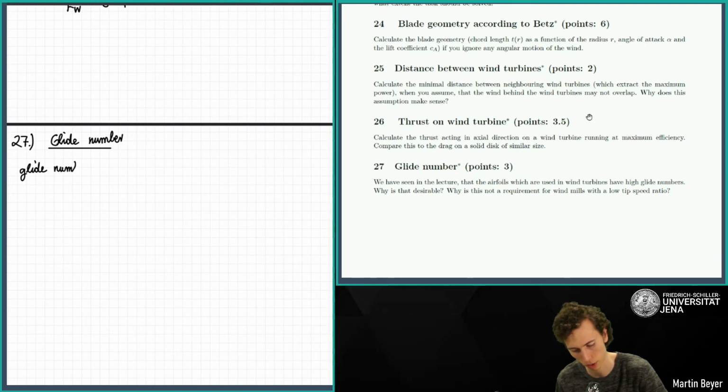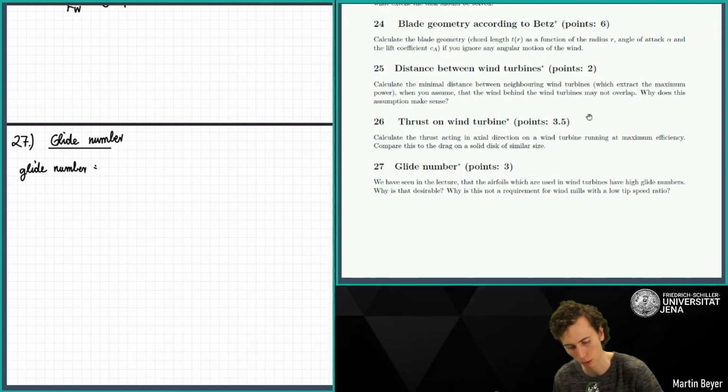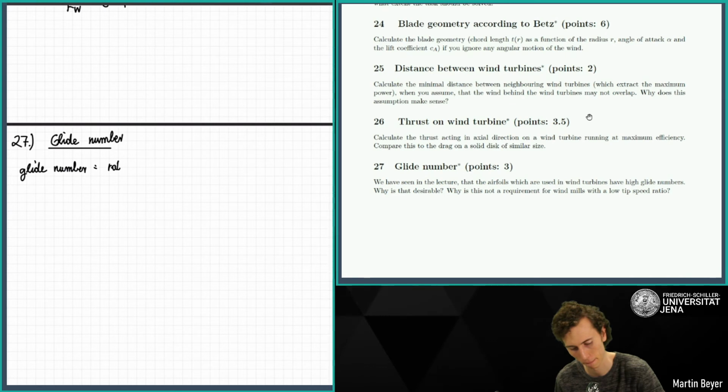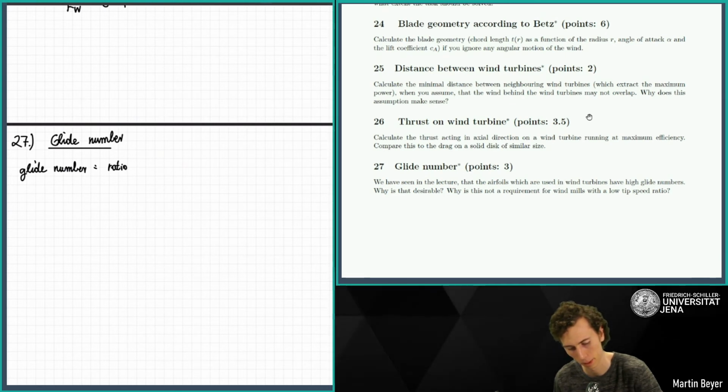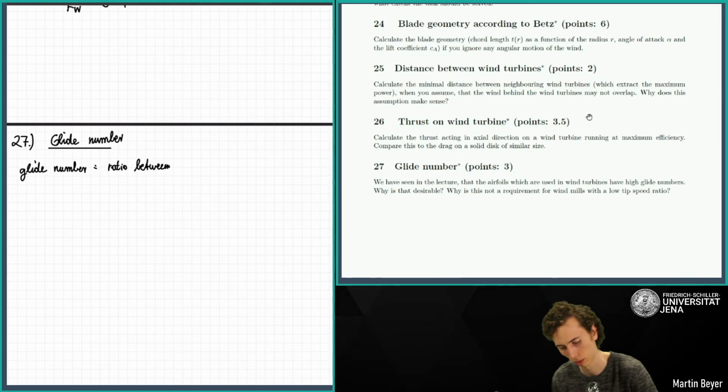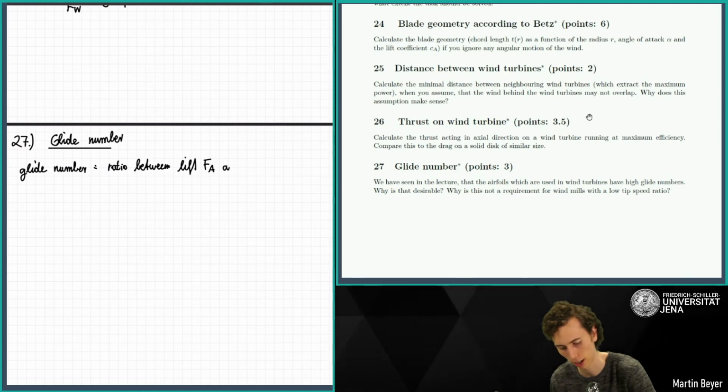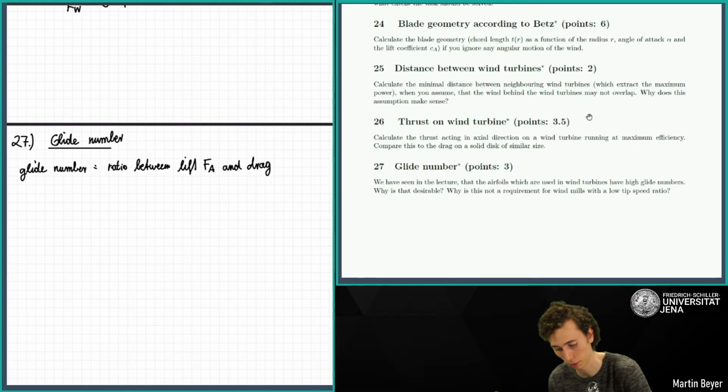So glide number, let's write this down as the ratio between lift, which we call Fa, and drag, which we call Fw.